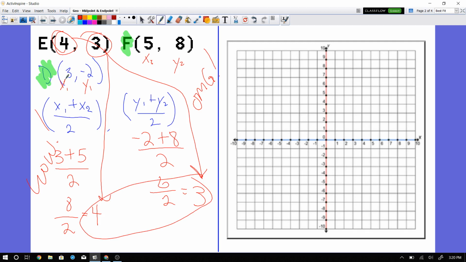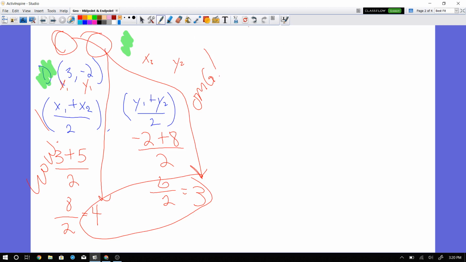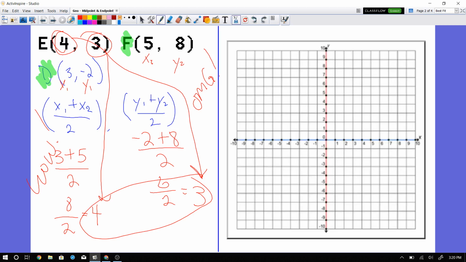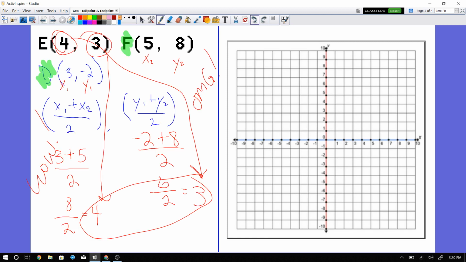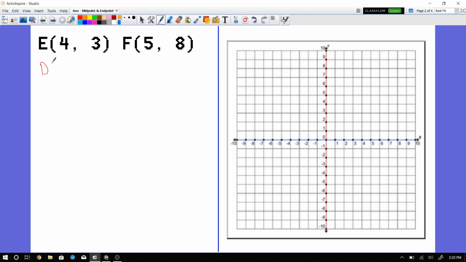Now, what about if you wanted to use the formula for slope? I didn't mean to do that. That's okay, that works. So then we know that it was 3, negative 2. I'm just putting that there so we can check it in the end.